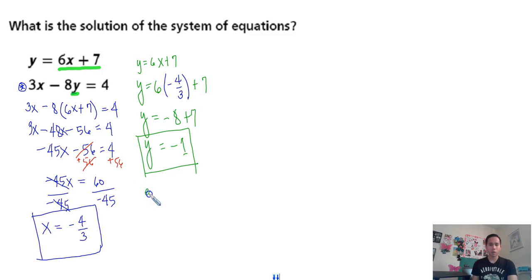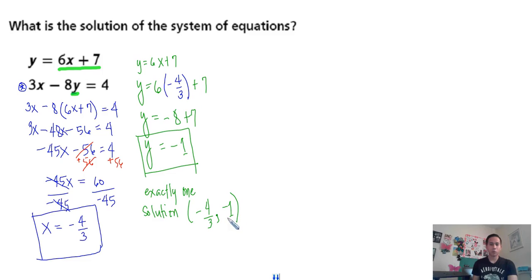Exactly one solution, which is negative 4/3, the value of x, and negative 1, the value of y.